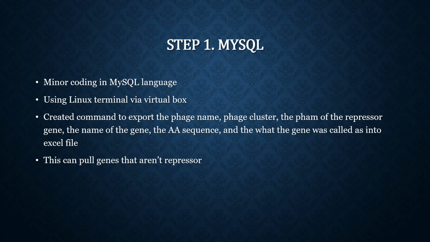The information I needed was the phage name, the phage cluster, the FAM that the repressor gene is in, the name of the gene, and by the name of the gene I just mean which number in the bacteriophage genome the gene is. So if it's number 34 in the genome sequence, that's the name of the gene, and what the gene was called as is what's known as gene notes. That's going to be things like immunity repressor, putative repressor, repressor protein, that kind of thing.